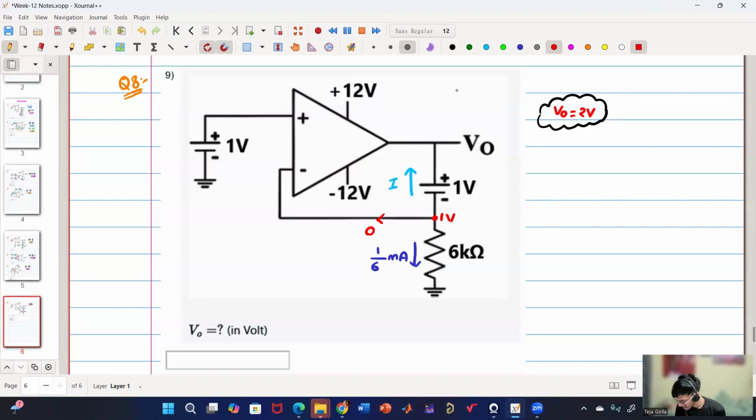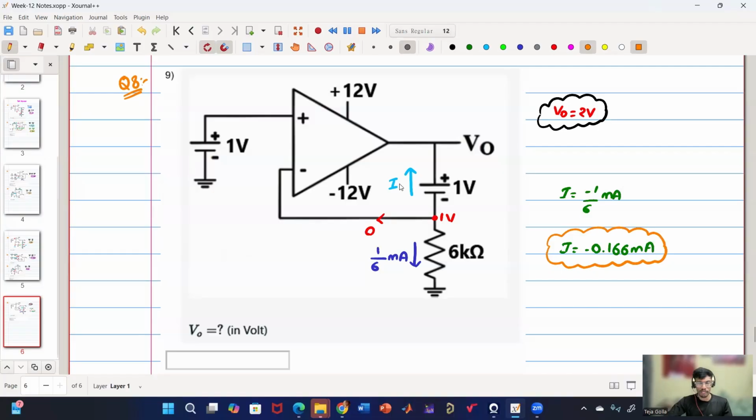So if we apply KCL, then we'll get I is minus 1 by 6 milliampere, or I is minus 0.166 milliampere. Okay. Everyone get it right? How we have solved for I, which is minus 0.166 milliampere. Agree, everyone? Can we proceed to another problem?